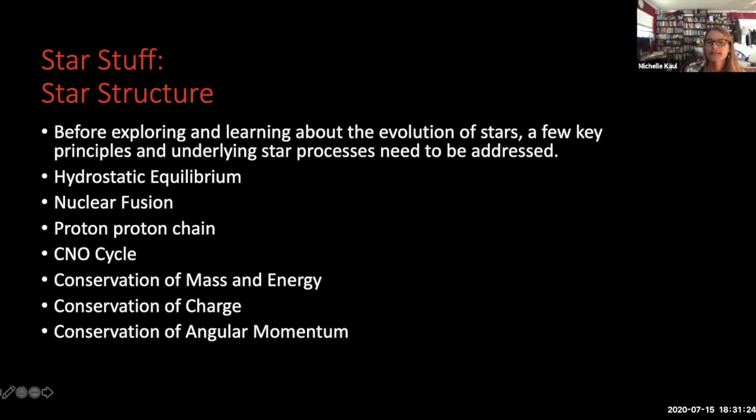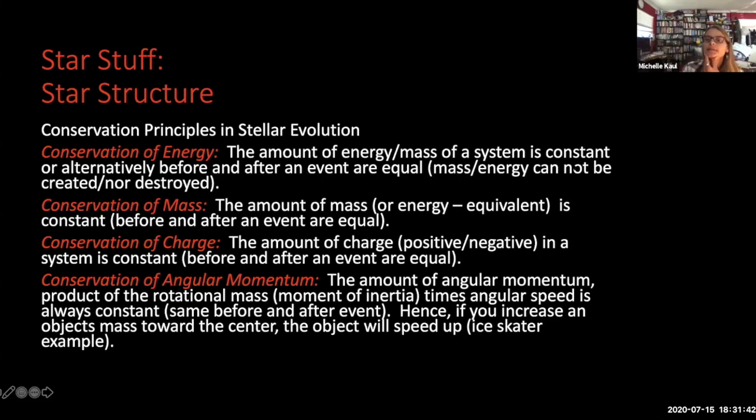I'll get to that in the next slide. And there's the principle of conservation of charge and conservation of angular momentum, which we talked about when we were looking at the solar nebula theory. It talks about all the spin relationships in orbital mechanics. Here, we're visiting these principles a little bit more in depth.